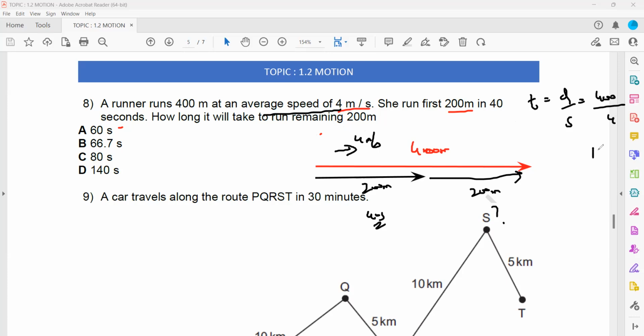So 400 divided by 4 means she will take 100 seconds in total to run this race. If the first 200 meters she takes 40 seconds, then the remaining she will take 60 seconds, because the total time was 100 seconds. So first 200 meters in 40 seconds, then the remaining 200 meters in 60 seconds. That's why A will be the right answer.